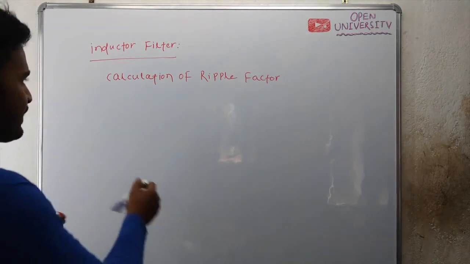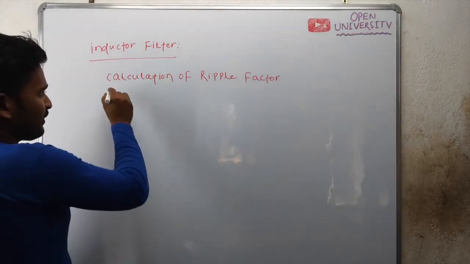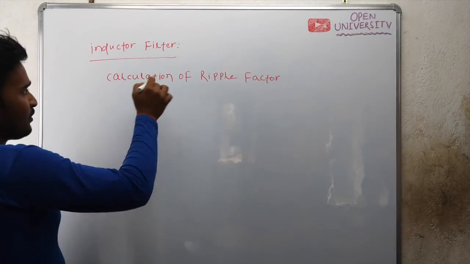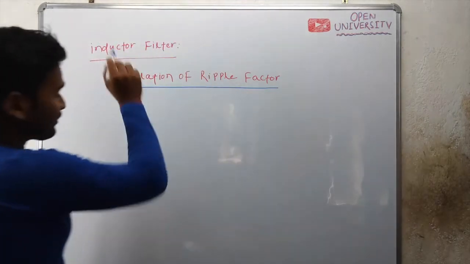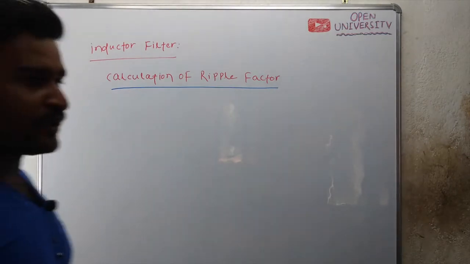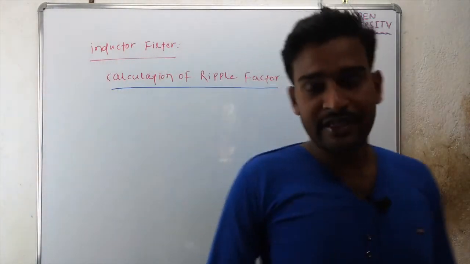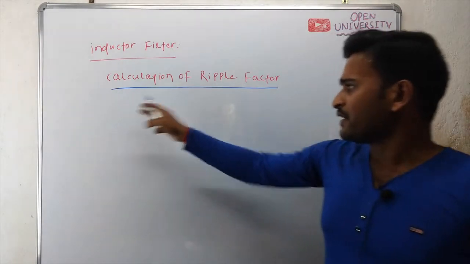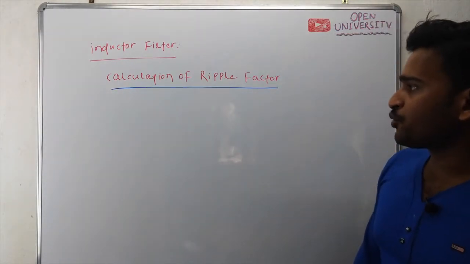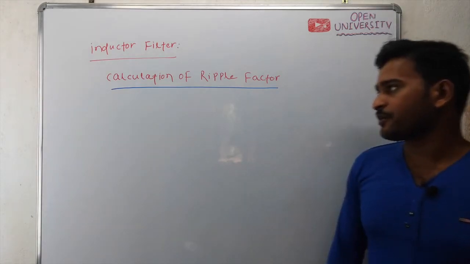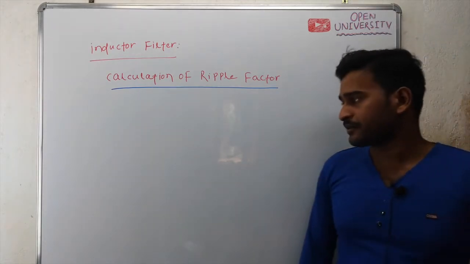I will be calculating the ripple factor when a full wave center tap rectifier is connected with an inductor filter. So take one point: consider a center tap full wave rectifier with inductor filter.